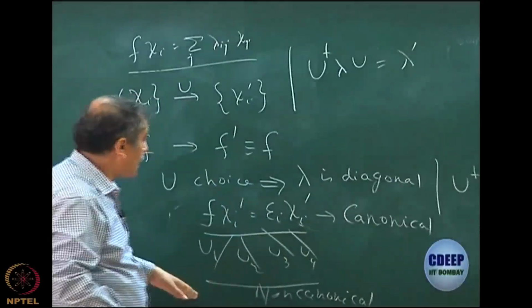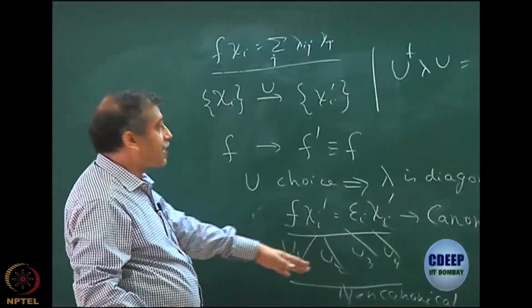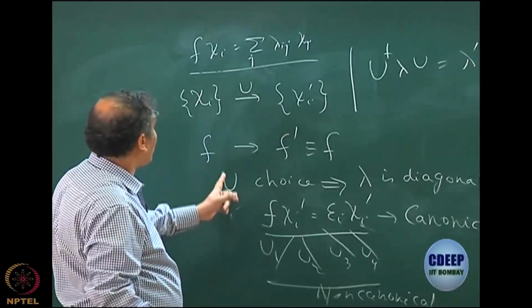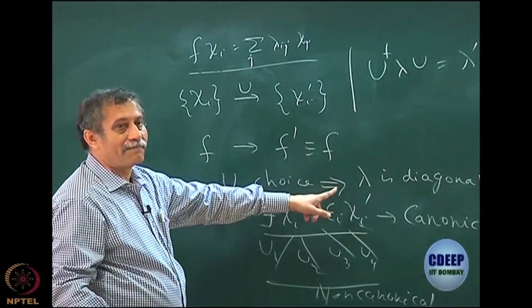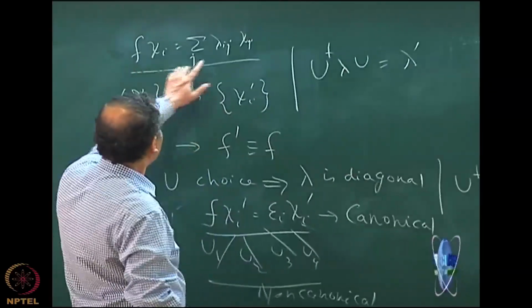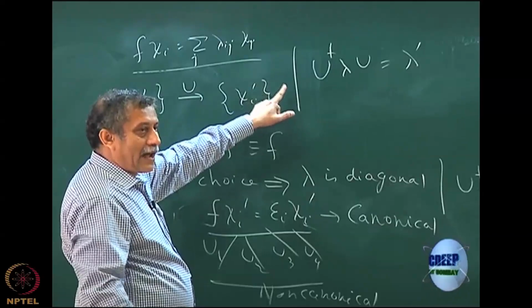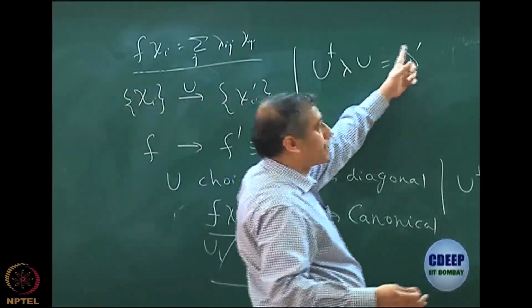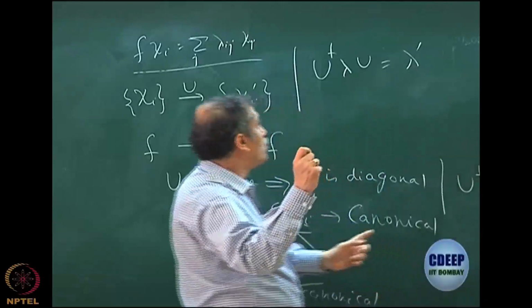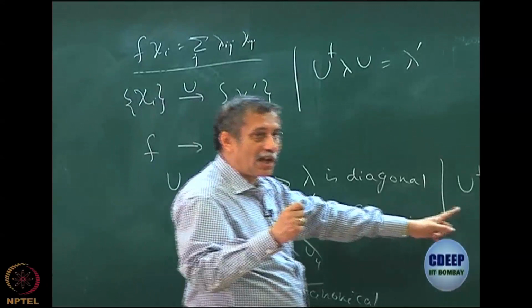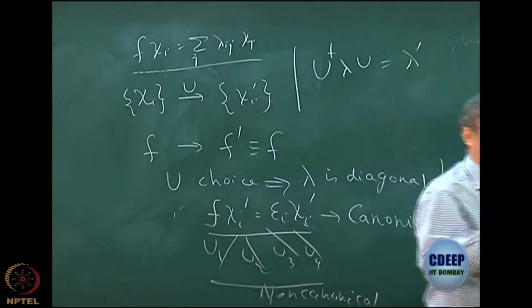So I will have several non-canonical forms which will have the same form, because for any arbitrary u, if I transform chi I to chi I prime, f remains invariant, but lambda will change. So in general I will get f chi I as lambda prime chi I, and I will keep on having several non-canonical forms, only the change will be in lambda prime. One of the u will make this lambda prime diagonal. So that is epsilon, and that is called the canonical Hartree-Fock equation.